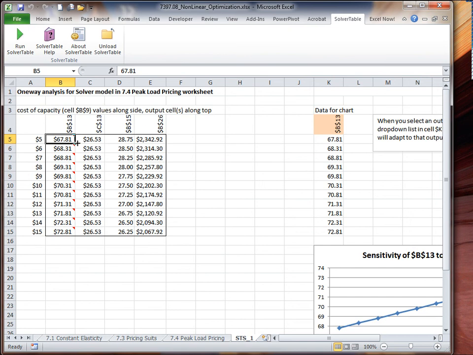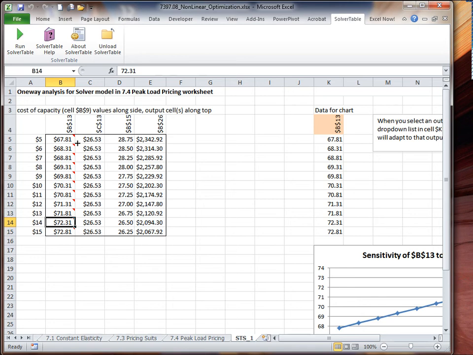If I increase the cost of capacity, then that means it has to be borne preferentially by the peak load demand. Because the off-peak demand never uses up all the capacity, does it? So as the cost of capacity goes up, the cost of peak load pricing has to go up as well. Because that's what's establishing the total capacity. You need to have enough capacity to meet the peak load demand.